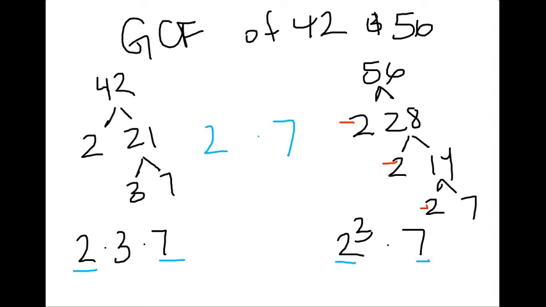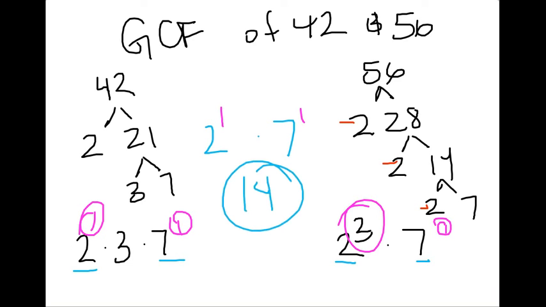So here I have 3, here I have 1, so my smallest exponent is going to be 1. And then 7, I have 1 and 1, so the exponent for 7 is going to be 1. And 2 times 7 is 14. So the greatest common factor of 42 and 56 is going to be 14.